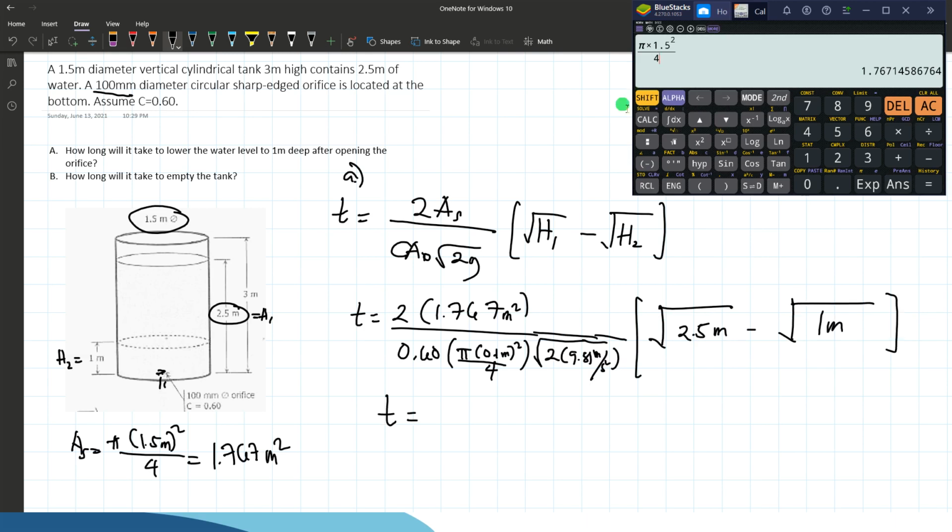So let's compute that directly. We have an answer of, okay, multiplied by the square root of 2.5, H1, minus the square root of 1.